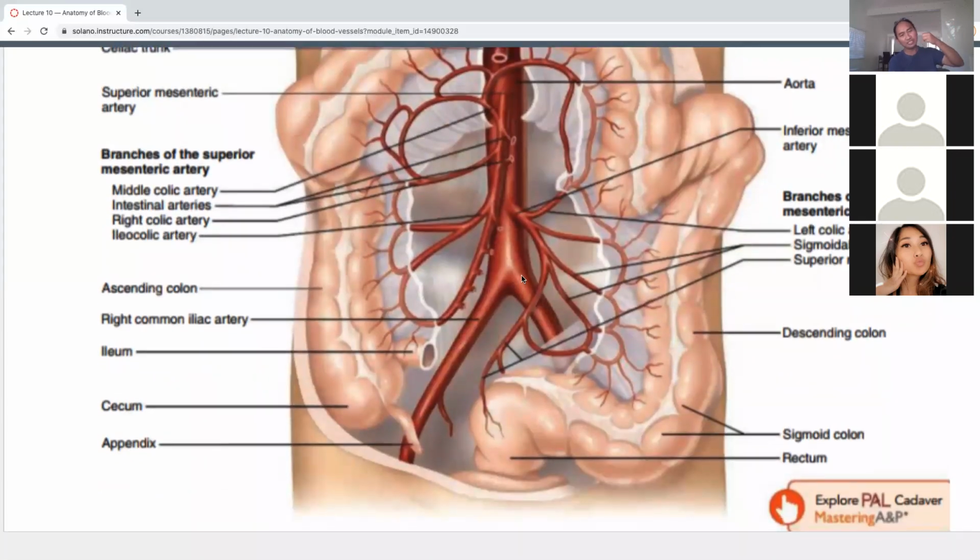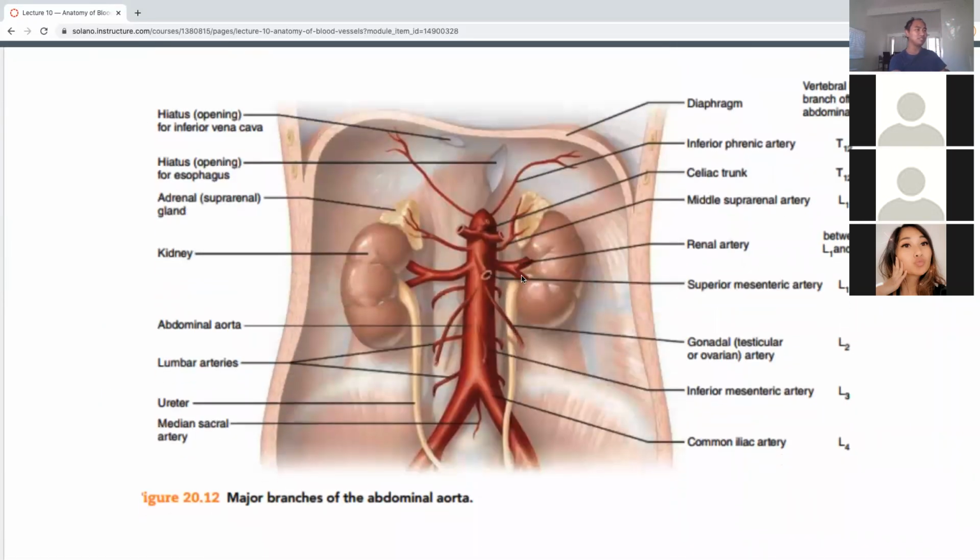So these single and paired branches of the aorta will supply all the viscera. And if we look at the previous diagram, there is the celiac, and now we can see the renal artery, which is almost perpendicular to the abdominal aorta. Renal artery, and the testicular artery or gonadal artery.